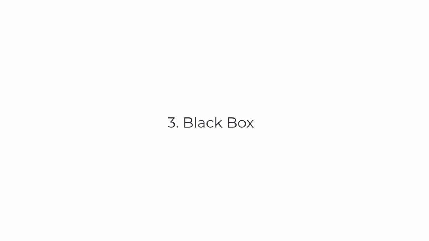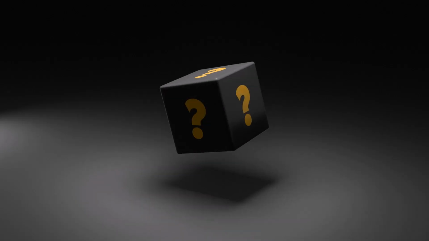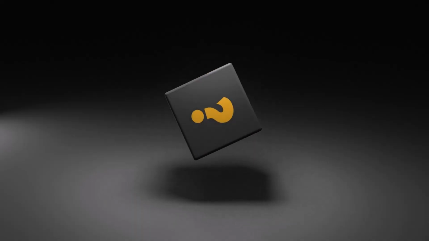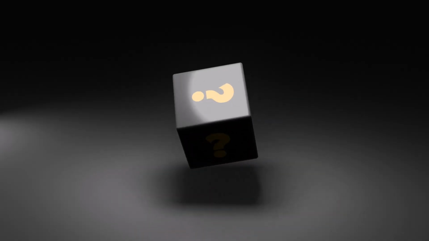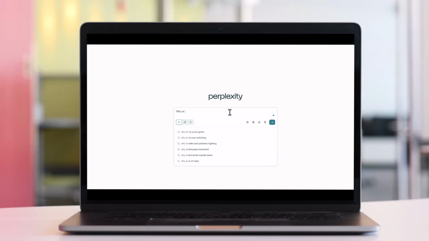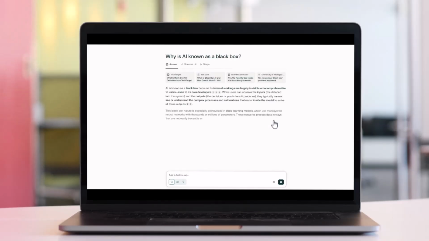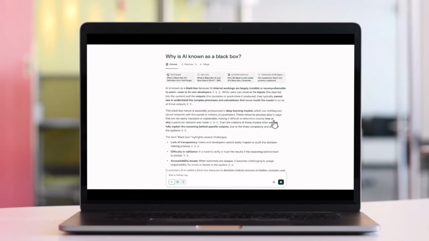Another significant limitation of advanced AI systems is their lack of transparency. These tools often function as black boxes, meaning they produce outputs without offering clear insight into how those outputs were derived. While some AI platforms do attempt to explain their reasoning, these justifications are frequently superficial or after the fact.